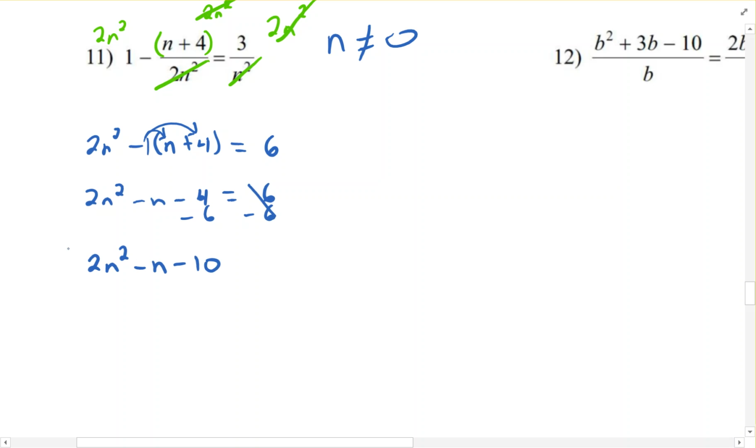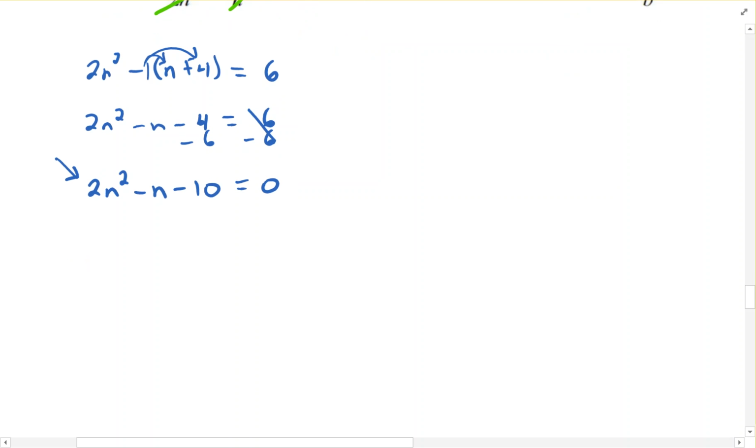All right, so now that leading number isn't 1, right? We need to factor this, but we need to figure out what numbers we're dealing with. So the numbers I want need to multiply to 2 times negative 10, that's that one and that one. So they need to multiply to negative 20, and they need to add to negative 1.